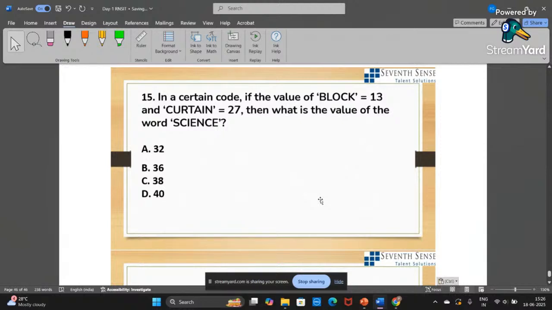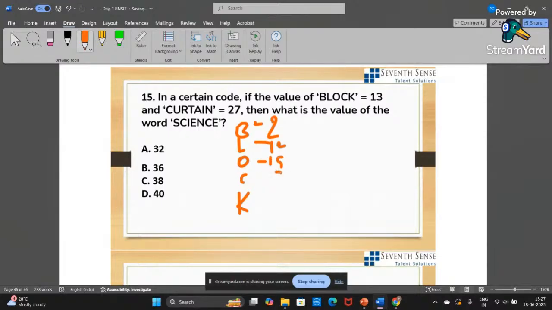Okay, I'll help you to solve this because it is a little bit tricky. First, the word block, and write the values. B position number is 2, right? In alphabetical order. For L it is 12. For O it is 15.